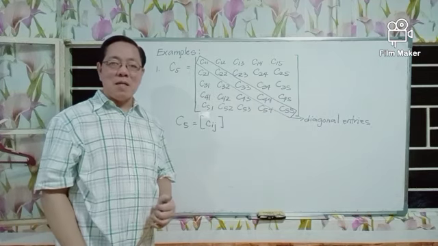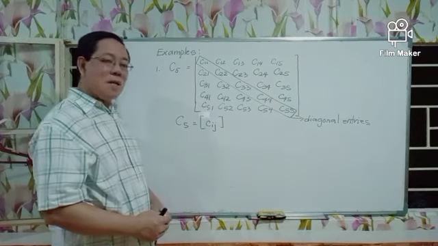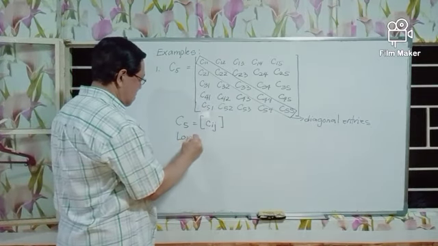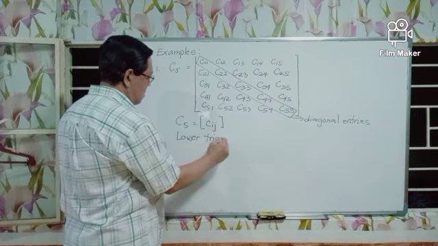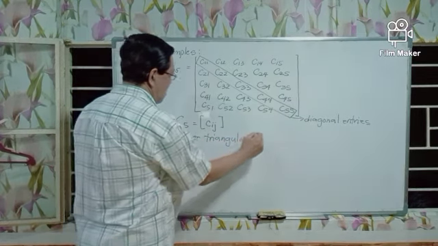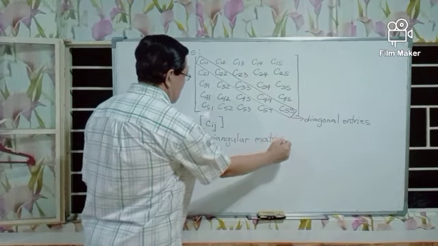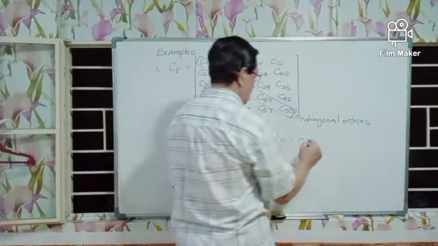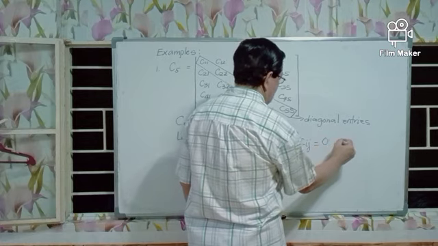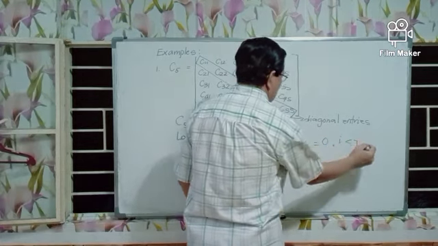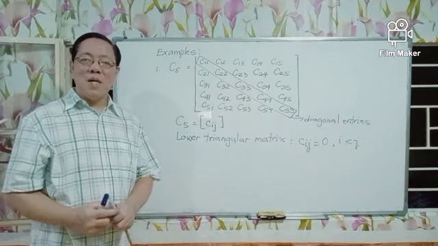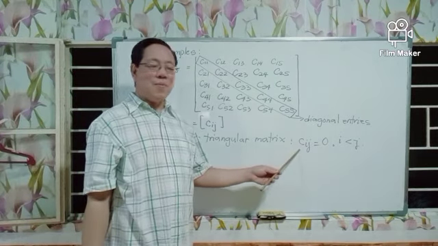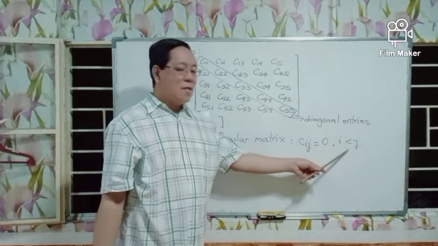And the condition for matrix C to be a lower triangular matrix is that the square matrix C sub 5 will be a lower triangular matrix if the entries c sub ij are 0 for i less than j.